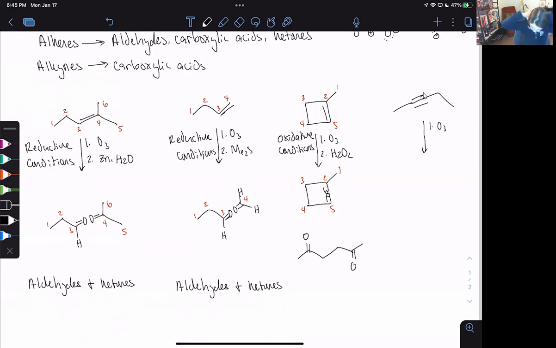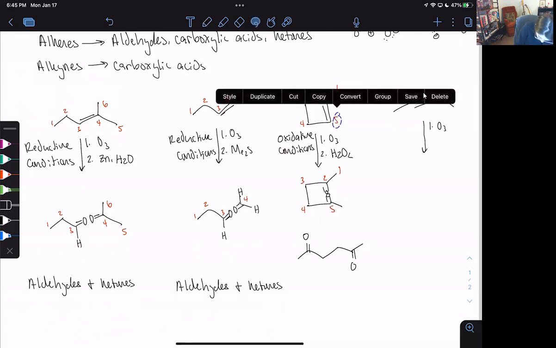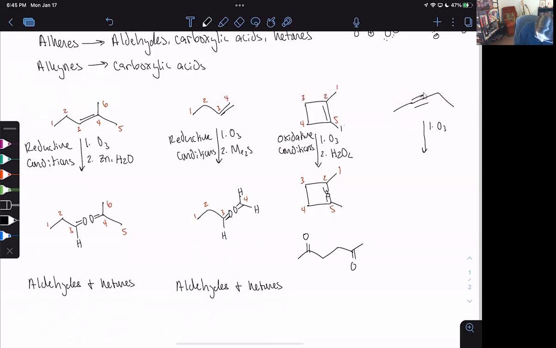Okay, and then we need to deal with the fact that it is in oxidative conditions, which I almost forgot about. And then instead of having this H here at carbon 5, so it was an H, we're going to make that aldehyde, and then it's going to get oxidized by the hydrogen peroxide to the carboxylic acid, okay?